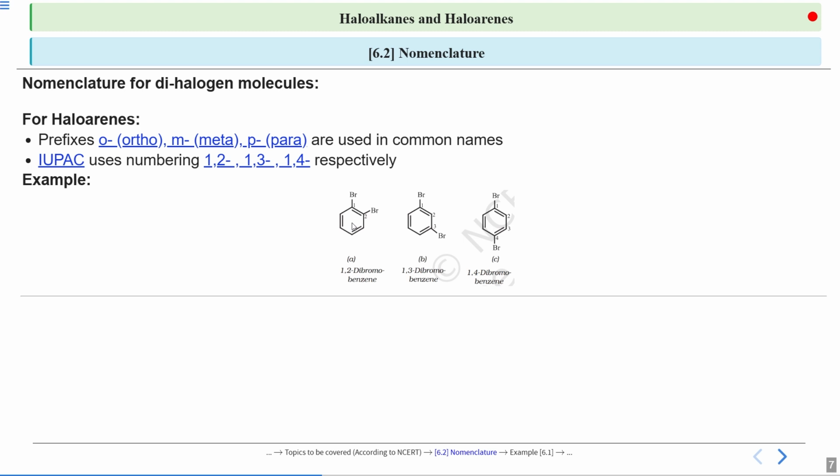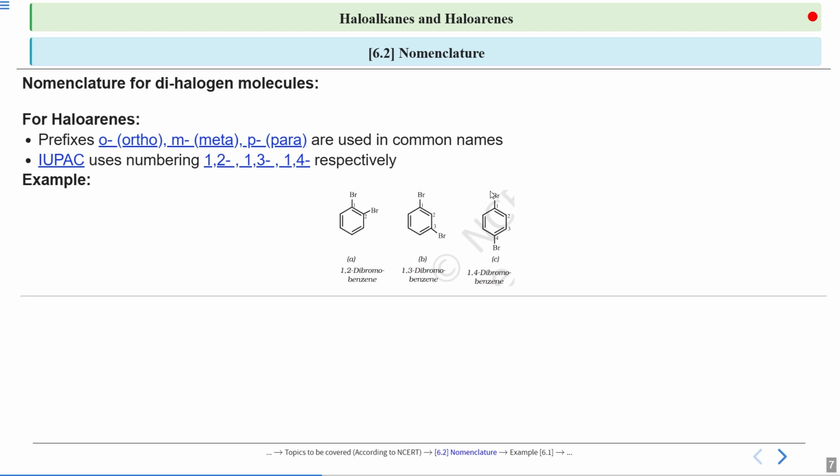ortho-dibromobenzene. Okay. In B, the halogen is present at the first carbon and the third carbon, 1, 2, 3. Okay, so the name will be 1,3-dibromobenzene. Okay, 1,3-dibromobenzene, the IUPAC name.